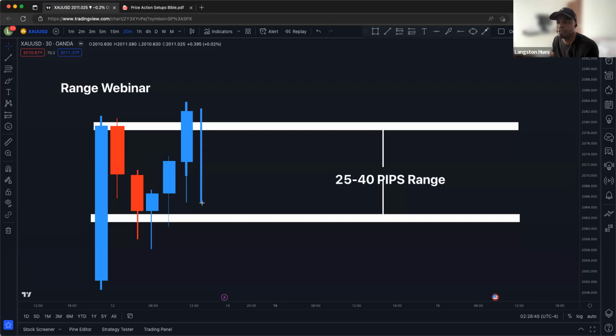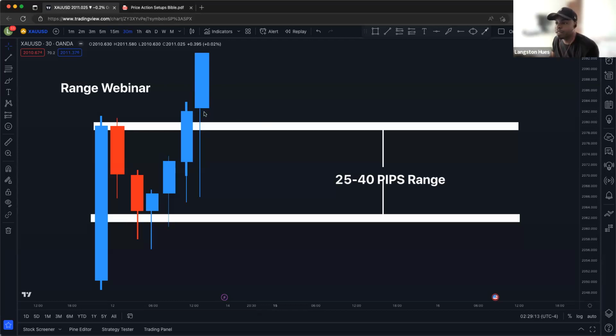It doesn't matter. Look, I'll give you an example. As long as it respects this resistance and actually closes or breaks above this candle to the left right here, if it breaks above that, we got an impulse entry. Or as long as it closes above that, maybe up here, but doesn't matter. That was our trade right there.